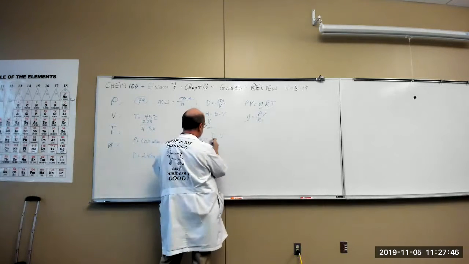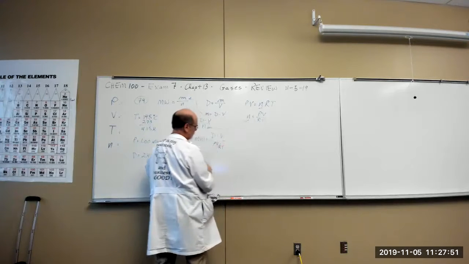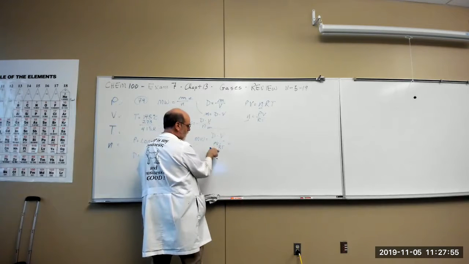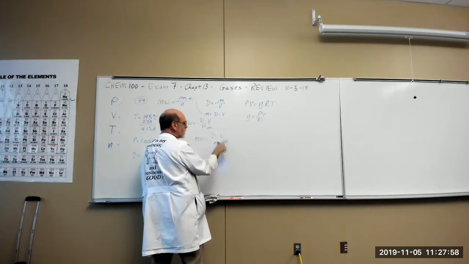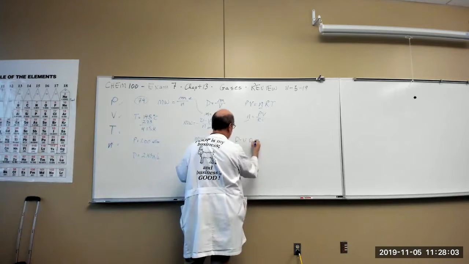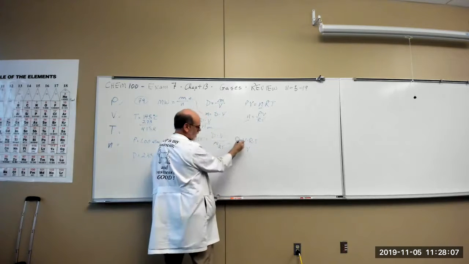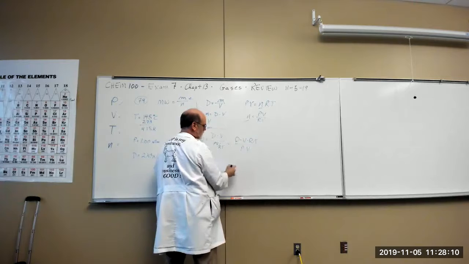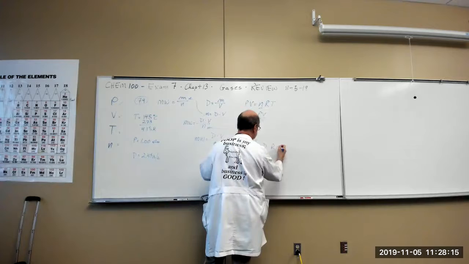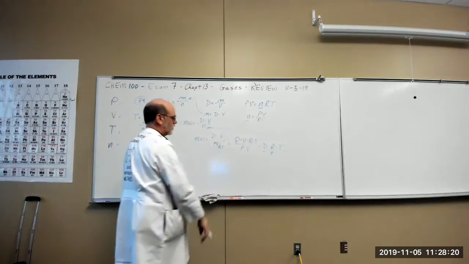So this is divided by that one, PV over RT. And notice in algebra, the denominator of the denominator is a numerator. So it's D V R T over P V. And the volumes cancel. So now we have density times gas constant times temperature divided by pressure equals the molar mass.